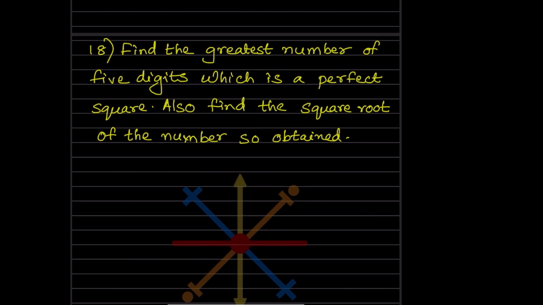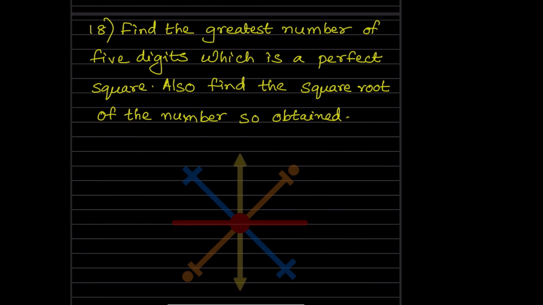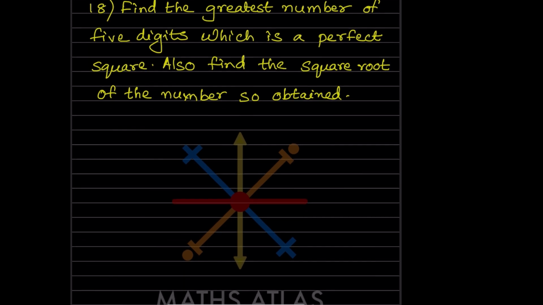So now what are you going to do? You will write here greatest 5 digit number is going to be 99999.